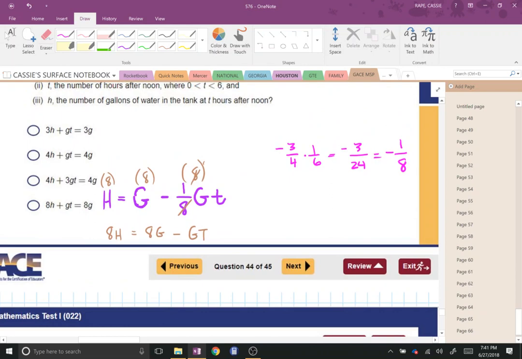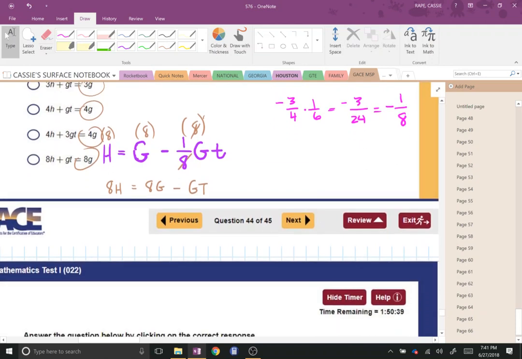I'm noticing that all of these have the G on the right hand side. So it's isolated, and I'm going to add GT to both sides. And so now I have 8H plus GT is equal to 8G, and voila, that's D.